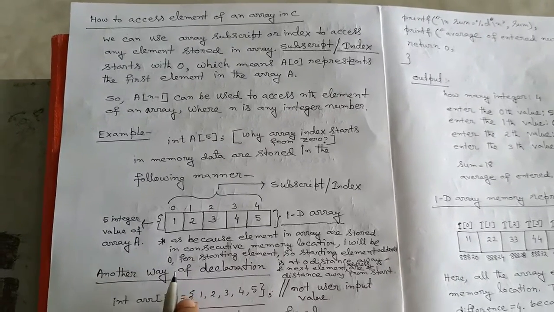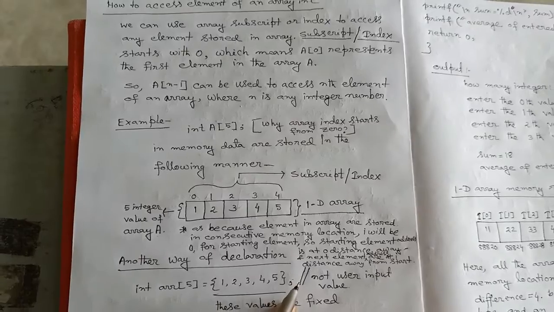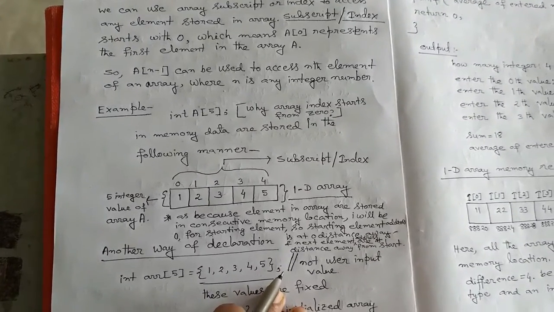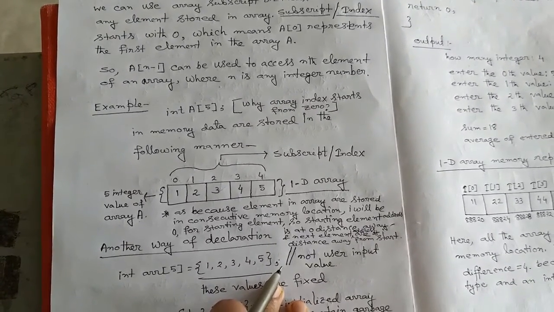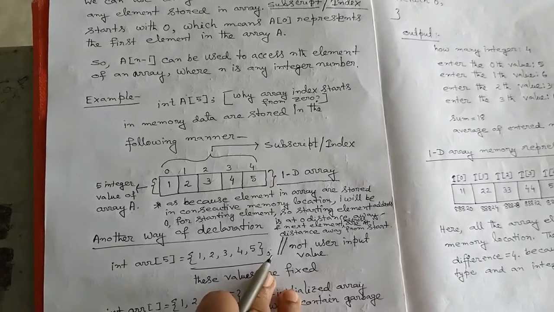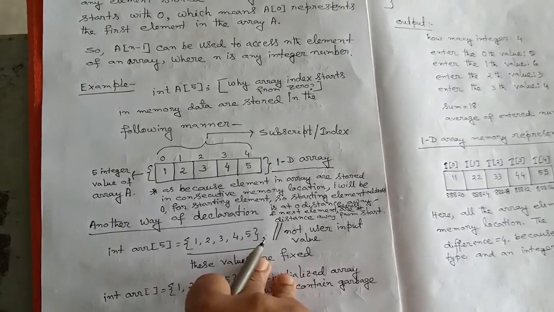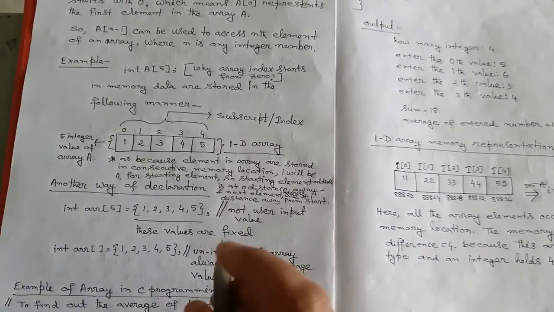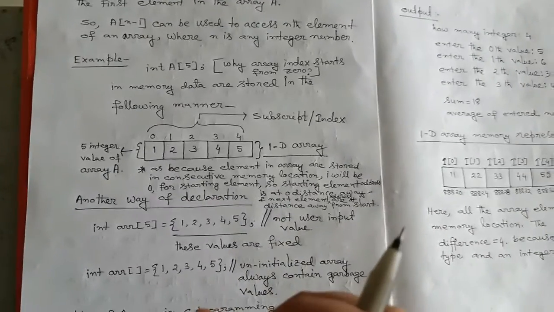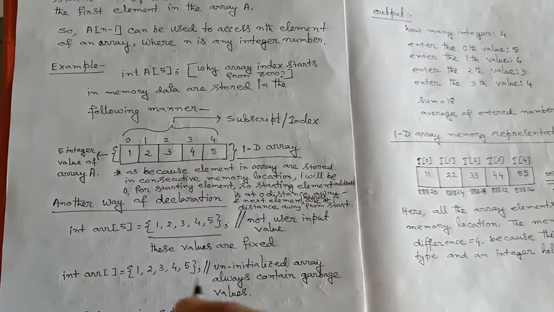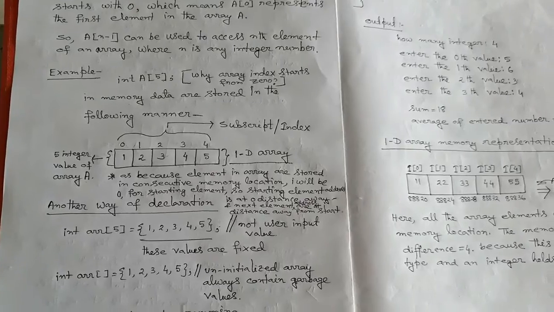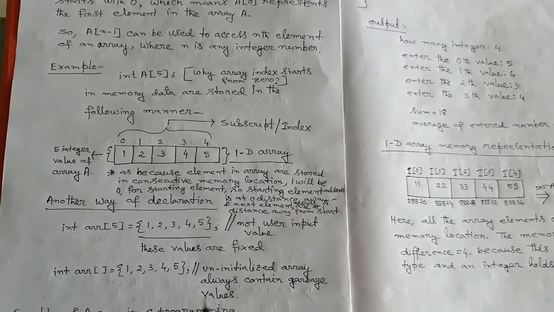Now here we can face one question, that is why the array index starts from 0, because we know that the array elements are stored in consecutive memory locations.